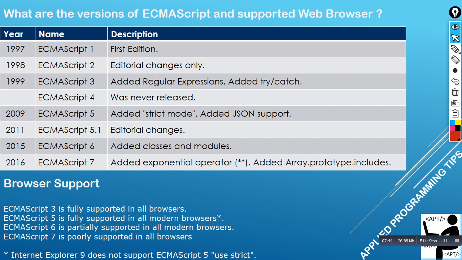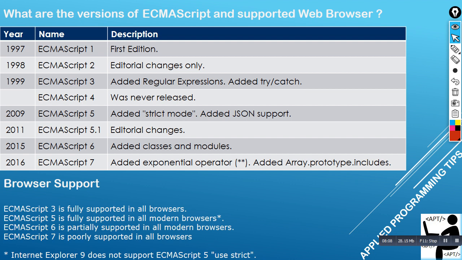So these are the versions of ECMAScript. What I am going to target in the upcoming videos is basically ECMAScript 6. That's why I chose this topic, ECMAScript and ECMAScript versus JavaScript, in this tutorial, right?